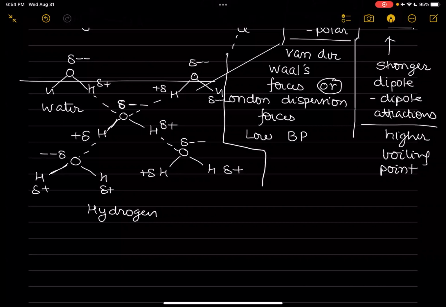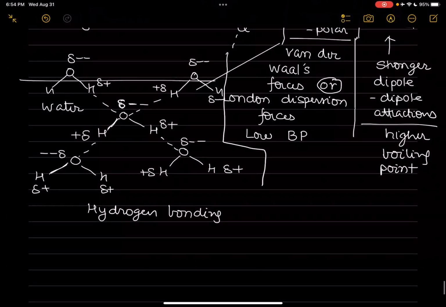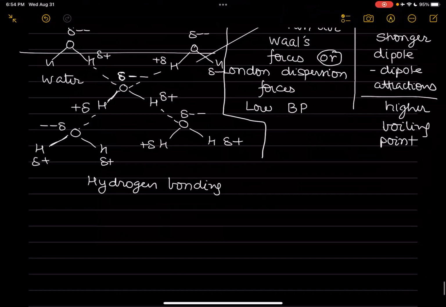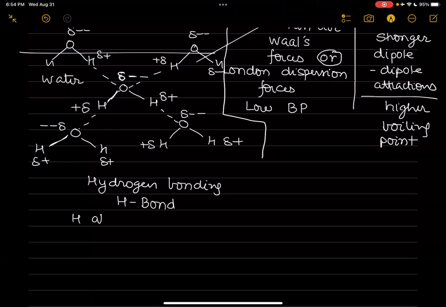It is much stronger in terms of energy as compared to dipole also. In short, it is known as H bond, or you can write H atom.